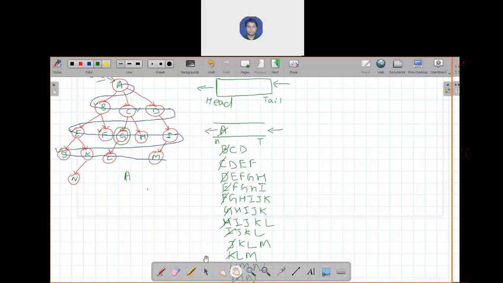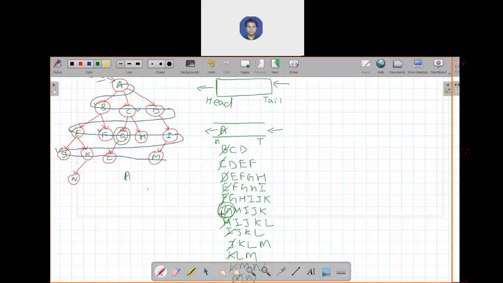Just remember, when you remove an element from the queue, check whether it is a goal state or not. If it is the goal state, stop and return it.